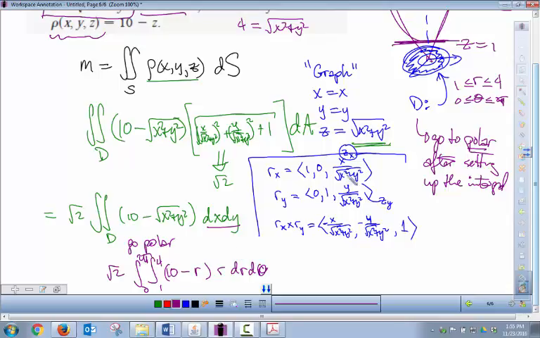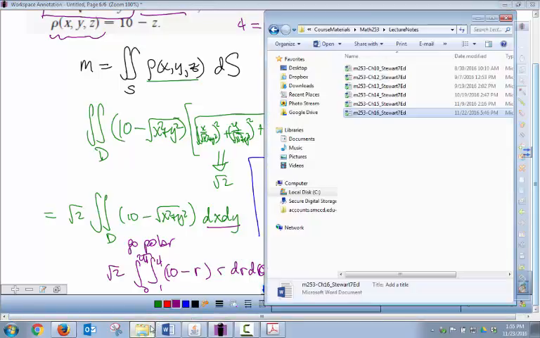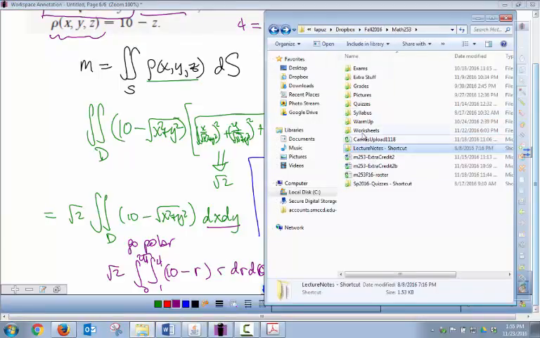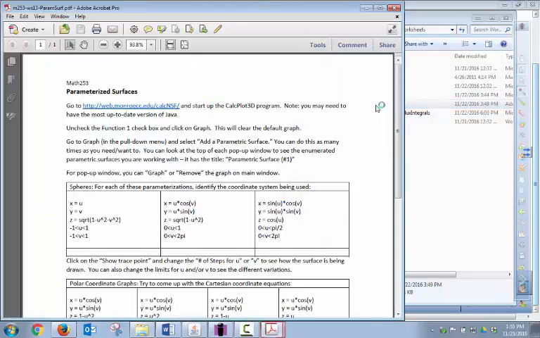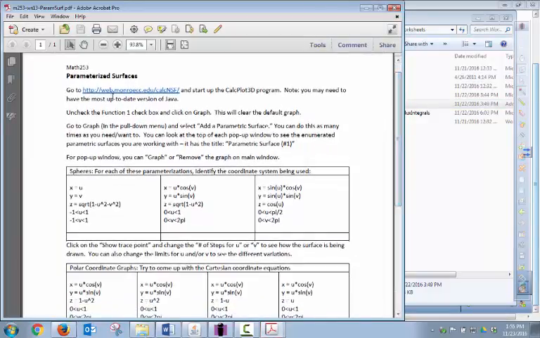And so what I'm going to do is I'm going to have you guys take a look at a worksheet. I'll put this online as well. And have you guys actually do this on the computer. So this uses this computer program that I was using. It's online based. You can download it if you want. You need Java.